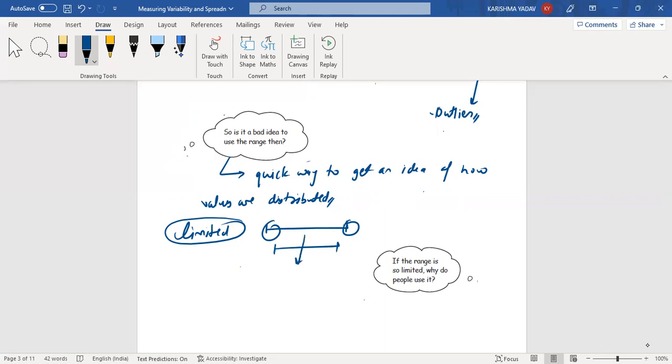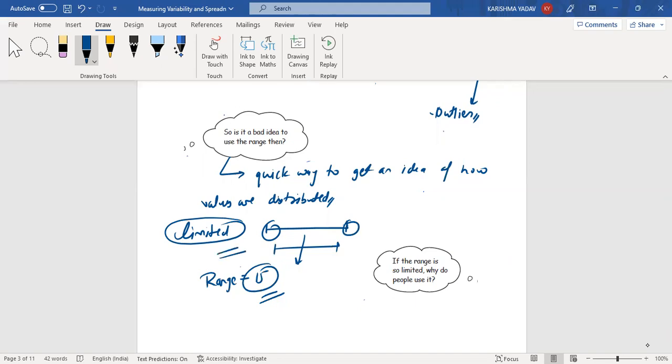If I say the range is 15, you can't tell by looking at the range whether that data would have an outlier or not. So the range is a very quick way to get an idea, but it's limited because of its sensitivity to outliers.